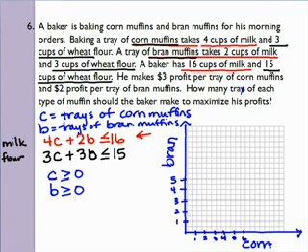So when my corn is 0, I am going to have 8 bran, and when the bran is 0, then I'm going to have 4 on the corn. Okay. Then on this one, we're going to have 5 and 5.